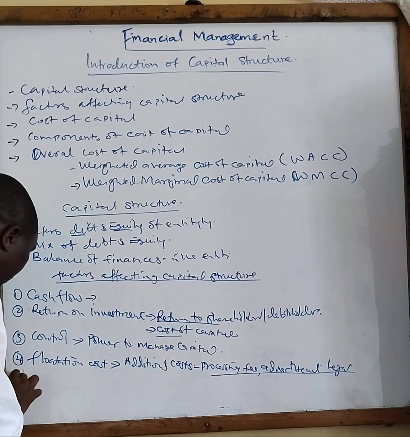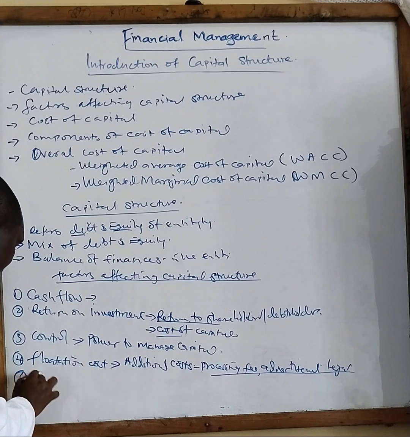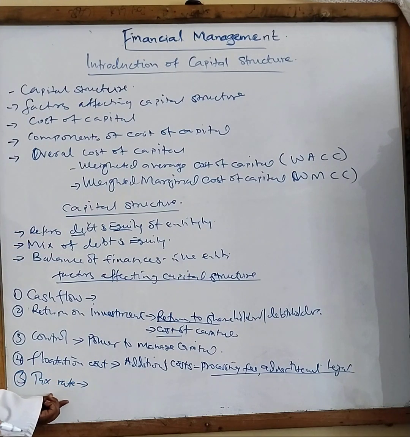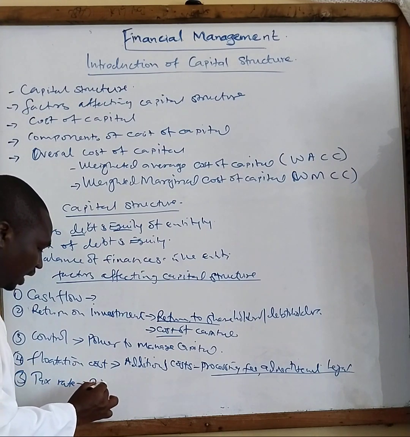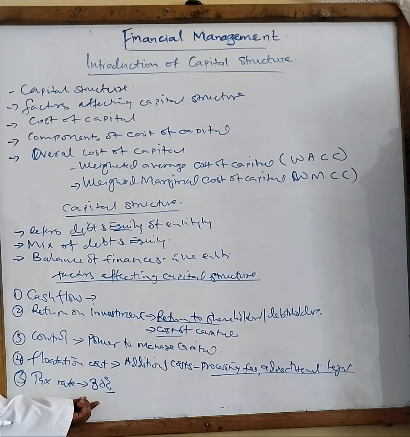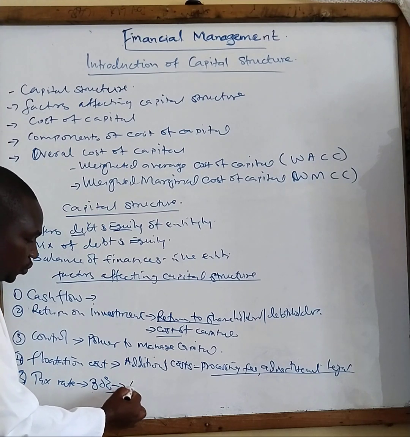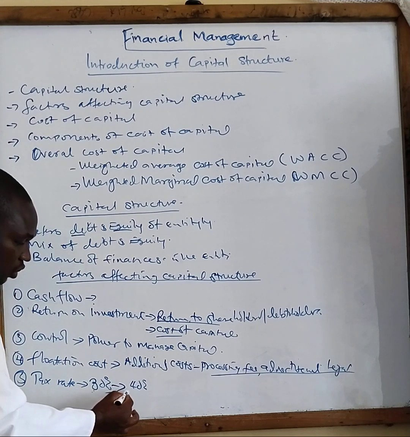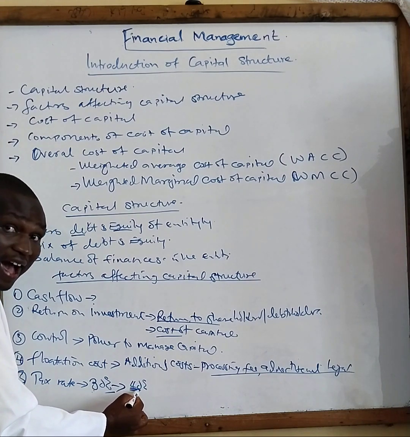The fifth one is the tax rate. In Kenya, the common tax rate is 30% on the profit before tax. If this rate is higher, maybe 40%, it is better for you to go for a loan because the tax rate is high.